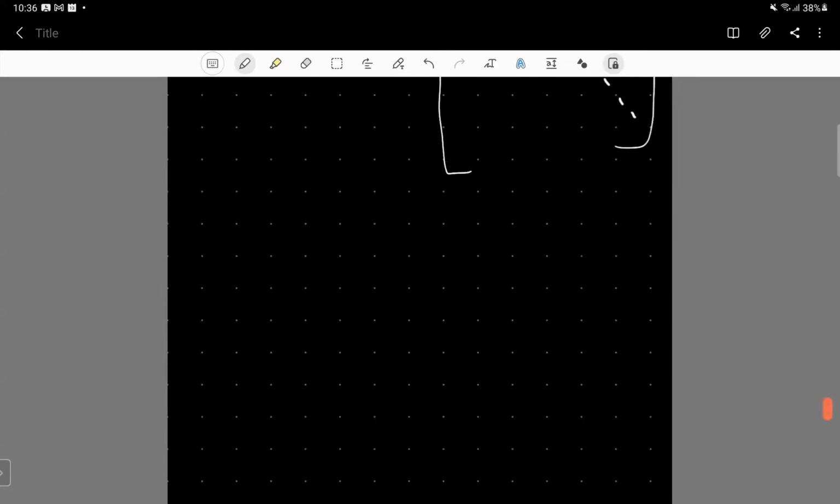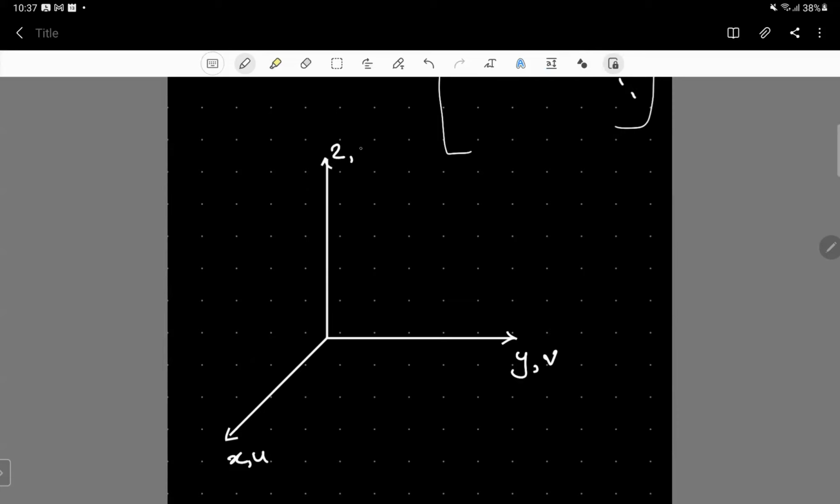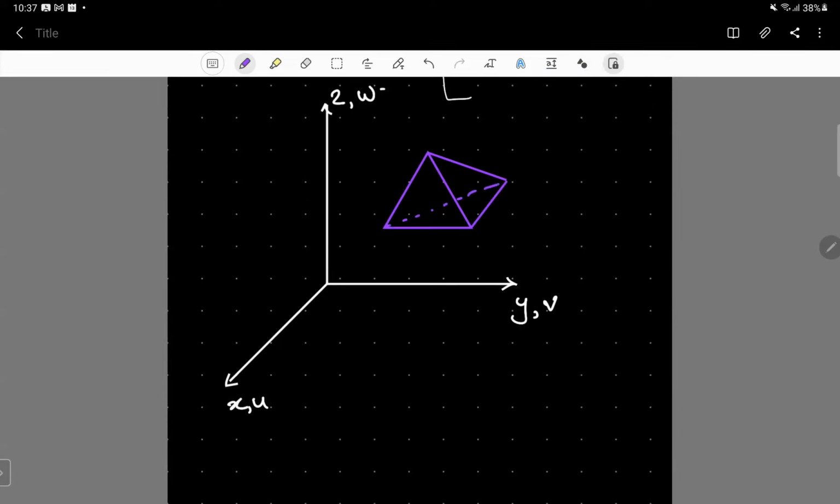So if we think of a tetrahedral element, let's write the coordinate system first. Right. So let's consider a tetrahedral element. Our first step is to select an element type. When we select an element type, we see that there are 4 nodes. We can number the nodes.